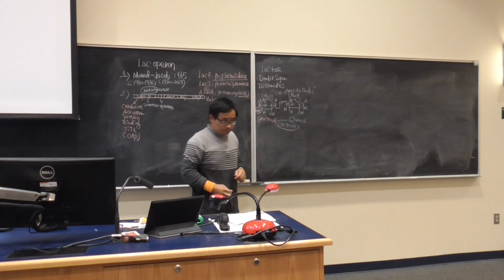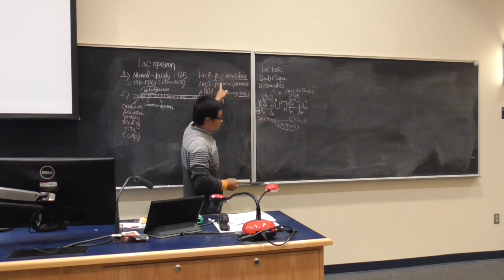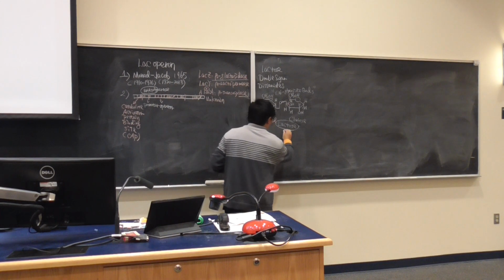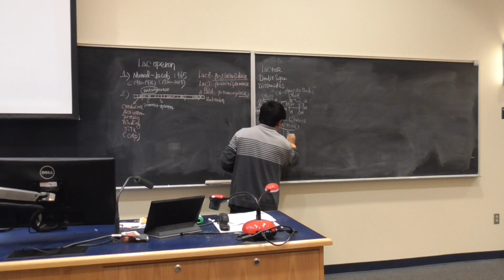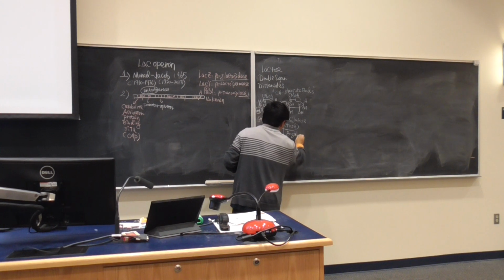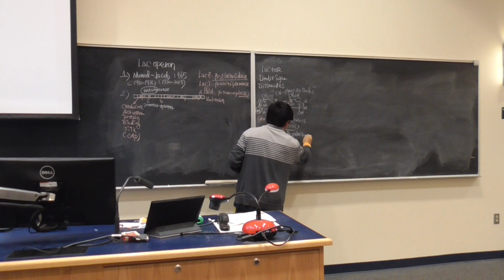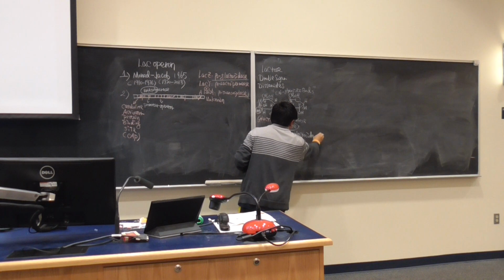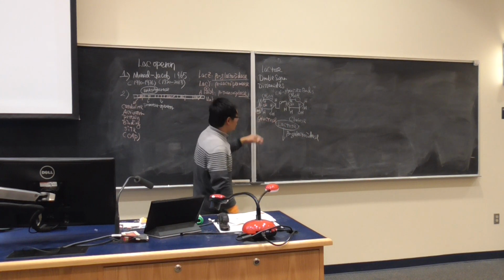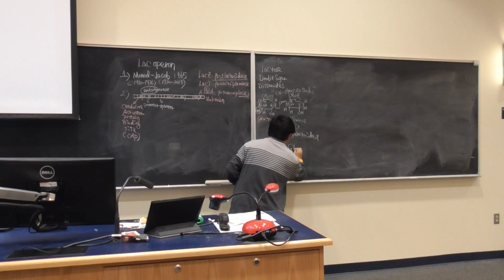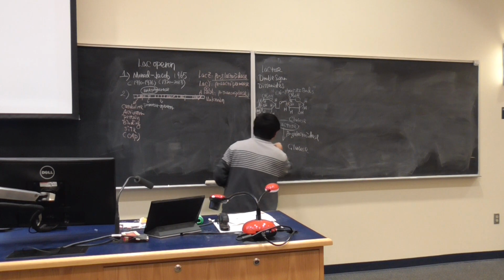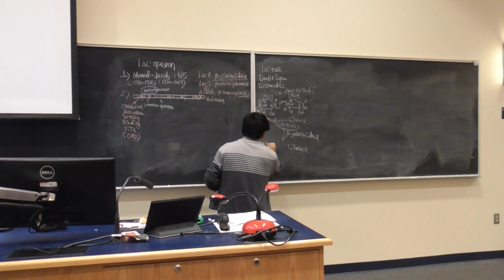Is that right? You need to have beta glycosidase. Beta glycosidase, or galactosidase, will obviously hydrolyze it to become glucose and galactose. Is that right?